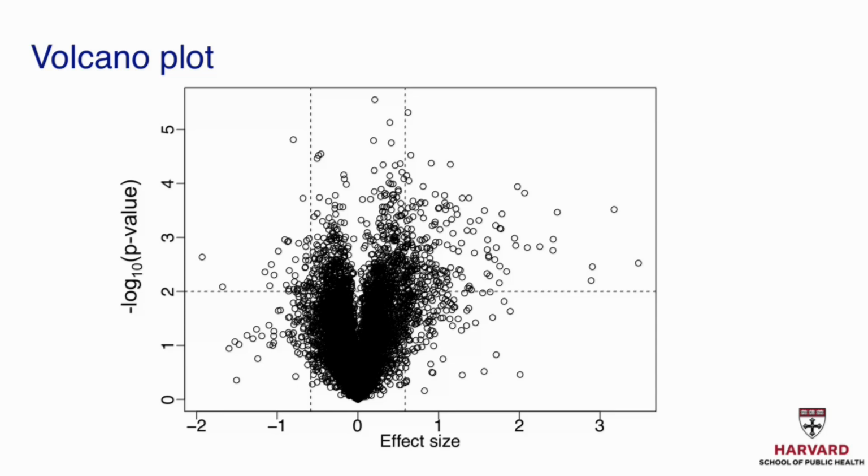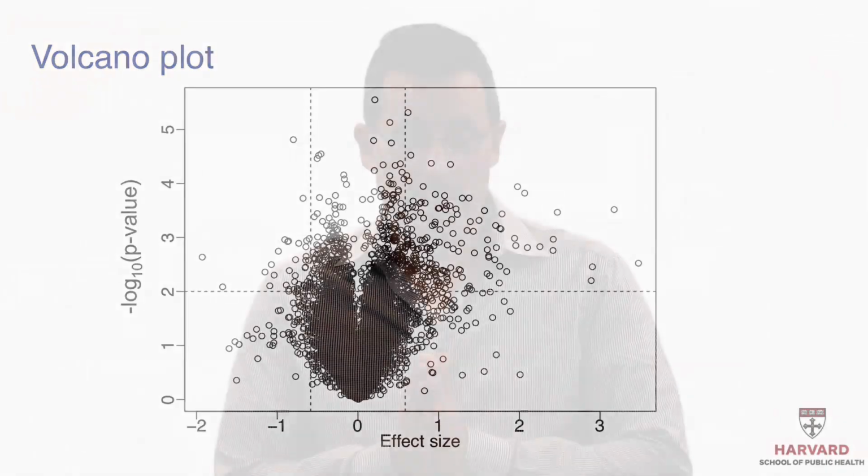Well, one of the things we're going to learn in a later module is to use improved estimates of the standard deviation, improved estimates of the standard error used in the t-statistic. The t-statistic is actually not a very good approach to finding differentially expressed genes, especially when you have small sample size.